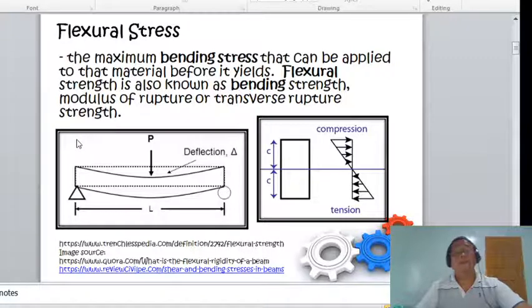For the stress applied, at the upper portion of the beam the stress is compression, and from the midsection to the outermost fiber at the bottom it is under tension.